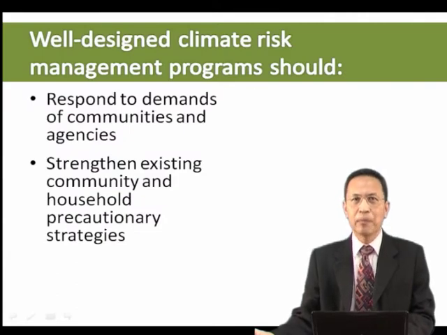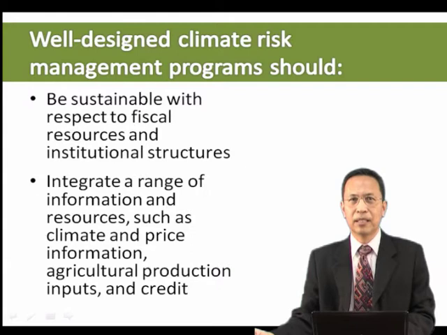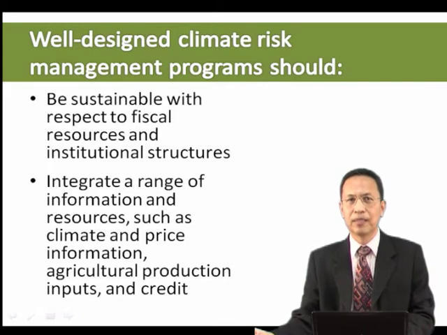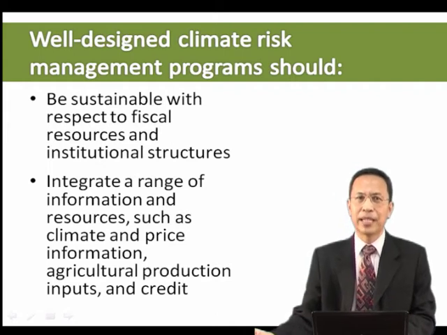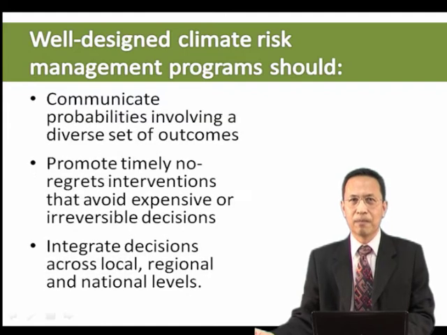Well-designed climate risk management programs should first respond to demands of communities and agencies, strengthen existing community and household precautionary strategies, be sustainable with respect to fiscal resources and institutional structures, and integrate a range of information and resources such as climate and price information, agricultural production inputs, and credit.